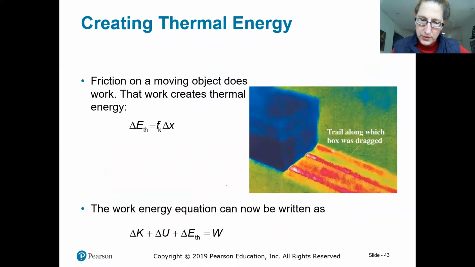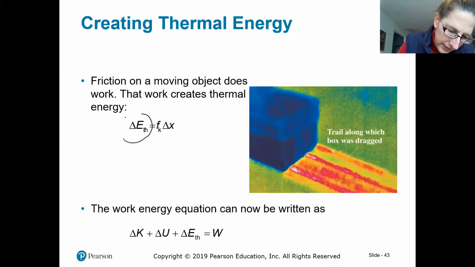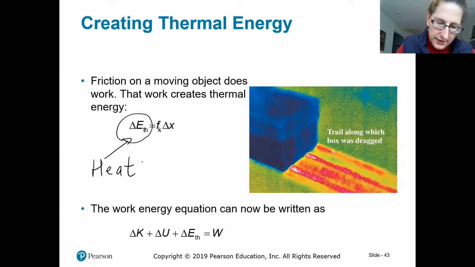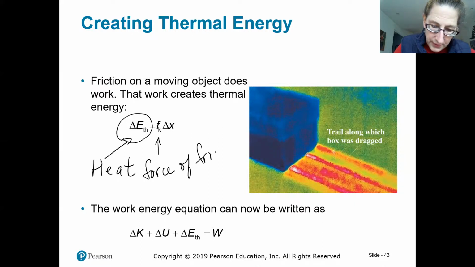Okay, so this is the symbol they use for heat, delta E thermal. I just use the word heat. Now this is a positive number. This is just heat: the magnitude of the force of friction, and then the distance over which the object is being dragged.